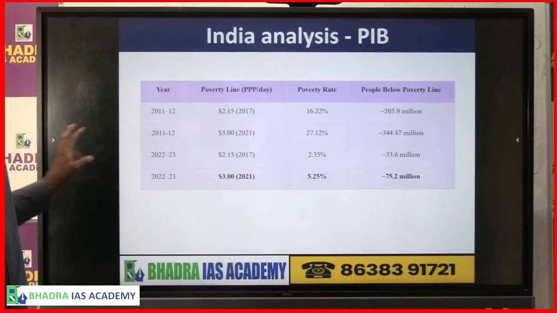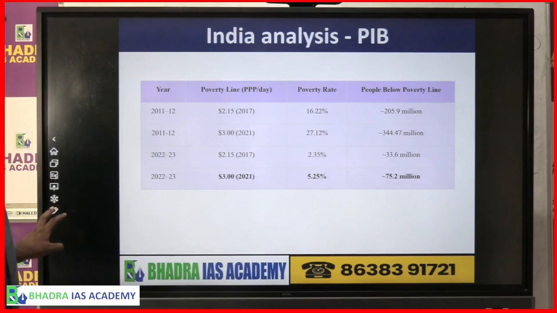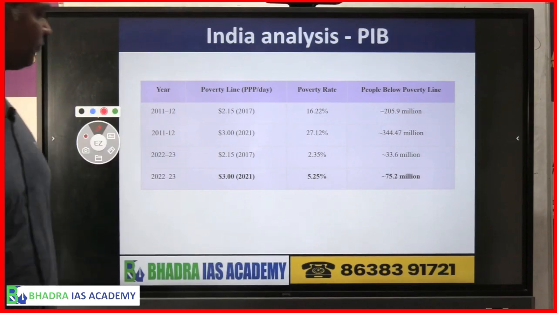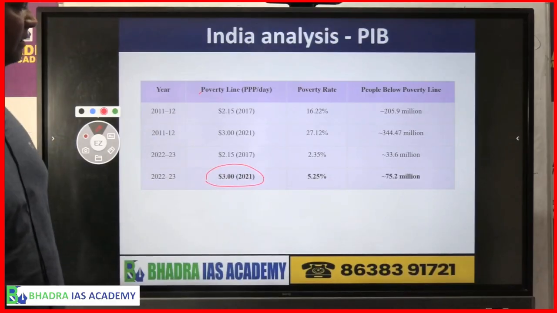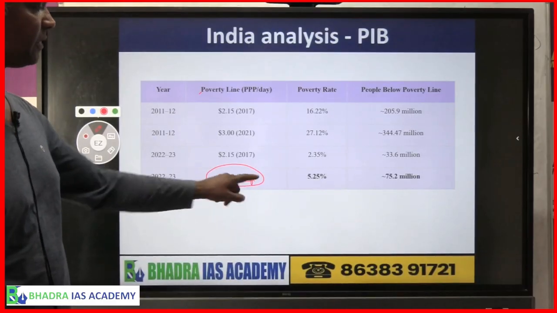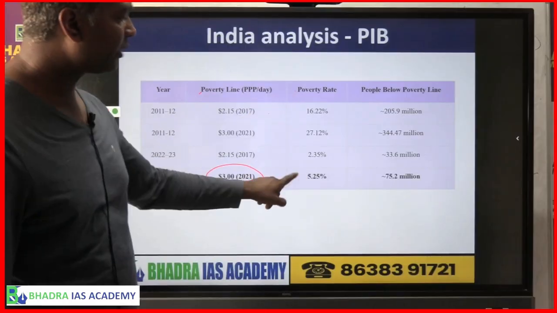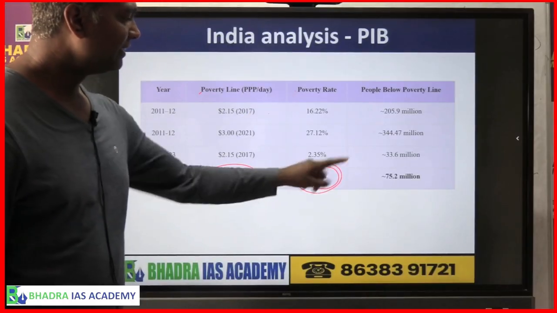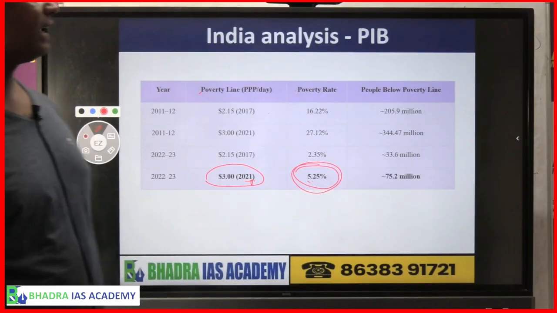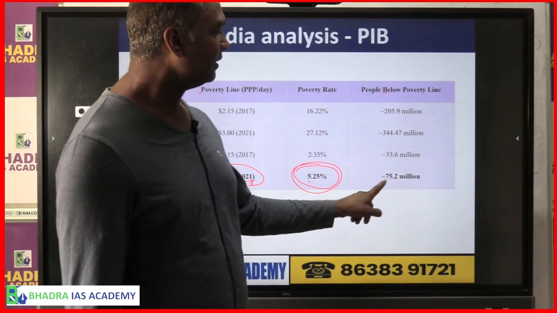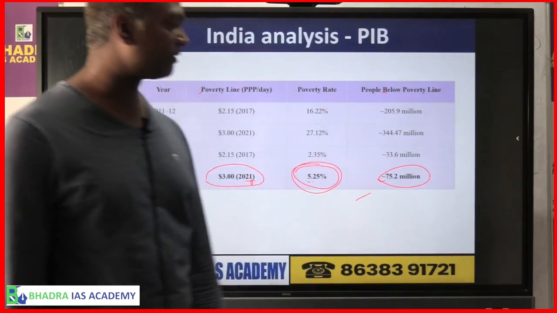ठीक है? So they have given a nice comparison about India का poverty. So if you look at here, poverty line, that is $3 per day, that is 2021 PPP. So how much is the poverty rate of India? Poverty rate of India is 5.2%. And how many people are below the poverty line? Roughly 75 million.